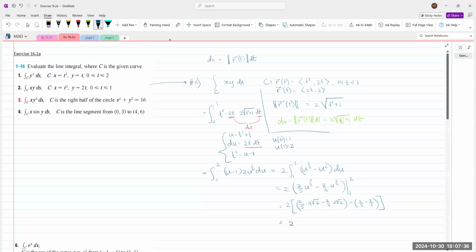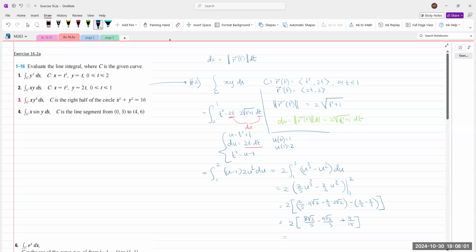So this is 2 bracket, 8 radical 2 over 5 minus 4 radical 2 over 3 minus 6 minus 10, that's negative 4, plus 4 over 15.